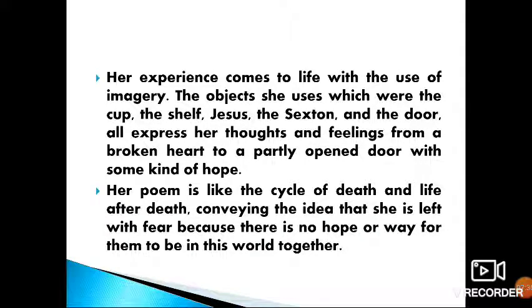In Emily Dickinson's poem, her experiences come to life with the use of imagery. The objects she uses, which were the cup, the shelf, Jesus, sexton, and the door, all express her thoughts and feelings from a broken heart to a partly open door with some kind of hope.